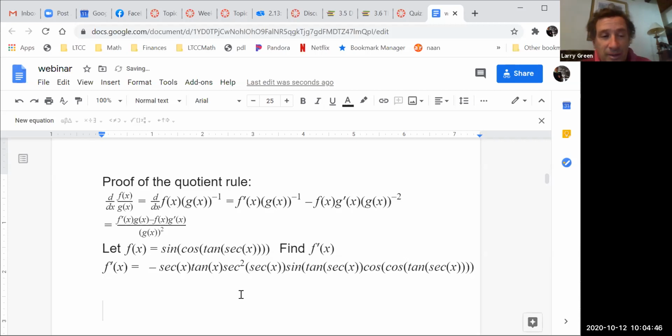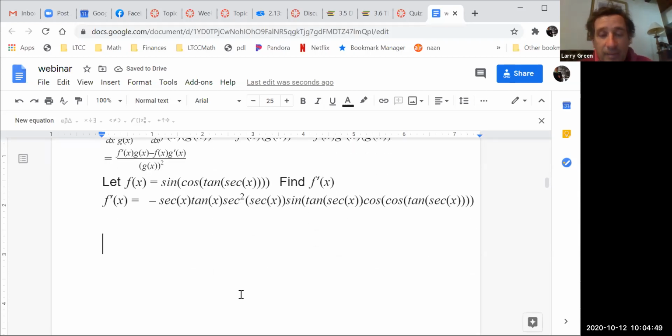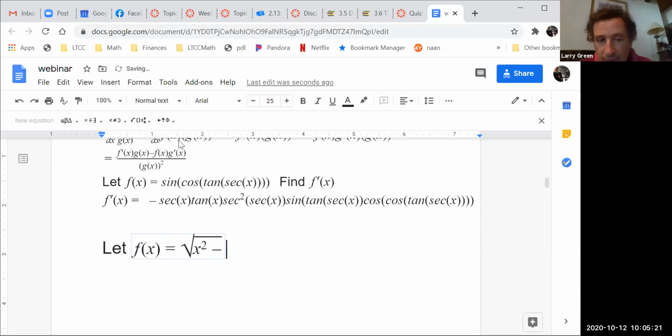Let me give you another example. That's all we're doing today is examples. Let's suppose that f of x equals, how about the square root of x squared minus the cosine of 2 minus 3x.